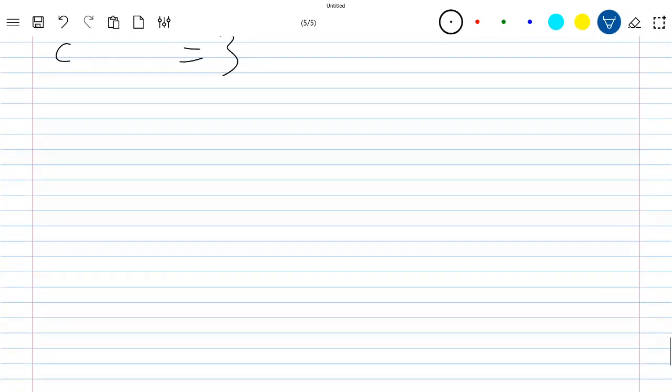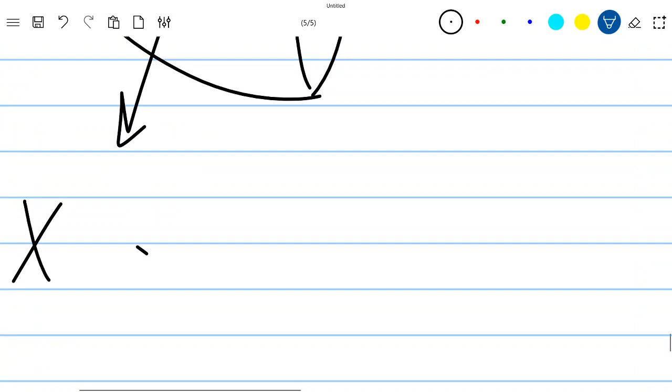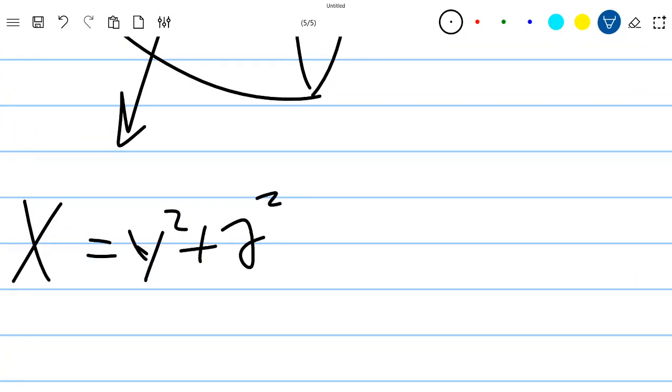Now move on to the surface integral. First, let's do scalar. And how about this? Let's find out the surface area of this object. This is x equals y squared plus z squared.